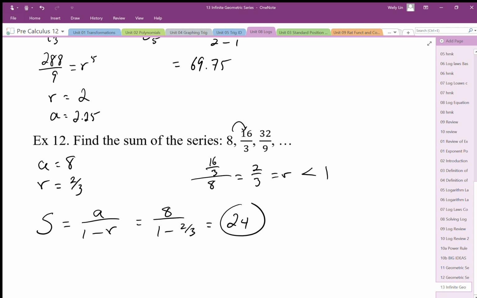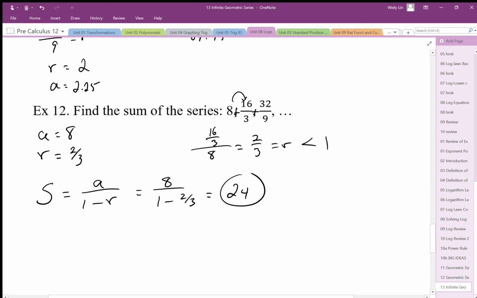It's going to take a little while, but I can just keep adding those terms, generating the series, adding them up. Technically I should have put pluses in here to show that we were adding up that series.